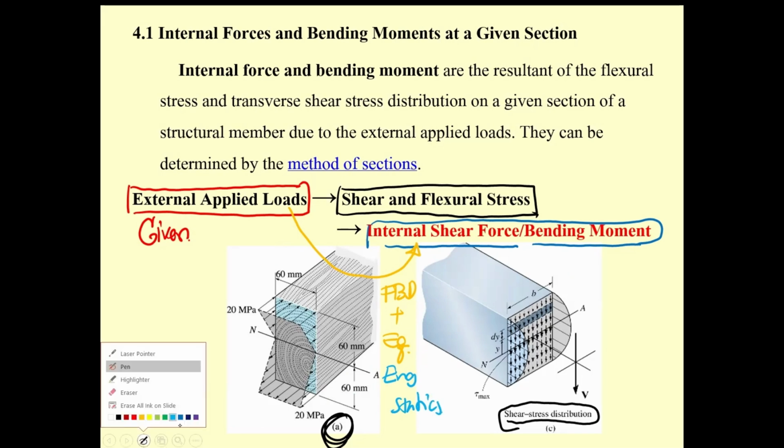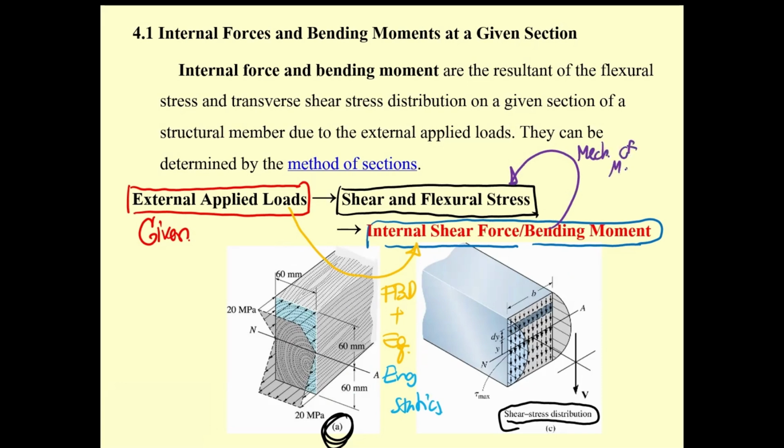Then later you study the subject of mechanics of materials. Then you'll be able to get flexural stress sigma equal to My/I. The shear stress tau equal to VQ over It. Okay. During the process of this one, the first thing we use is the method of section.